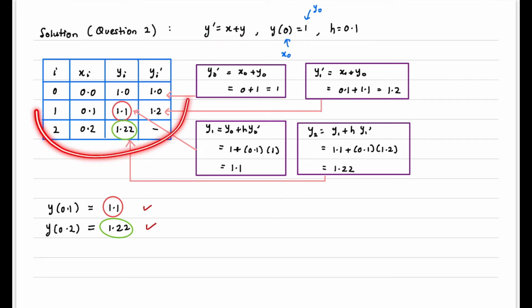Write down in table form 0, 0.1, 0.2, and then find the approximate solution of y when x equal to 0.1 and x equal to 0.2. So the answer will be 1.1 and 1.22.